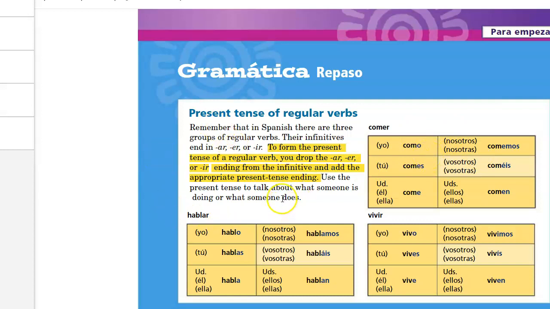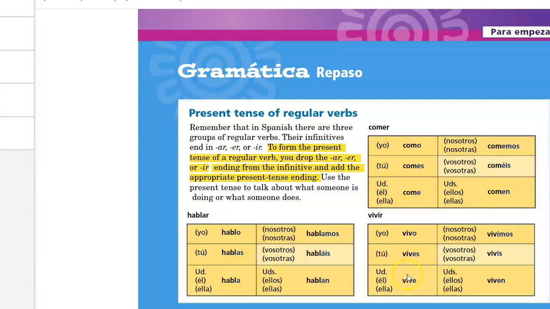You conjugate verbs to form the present tense of regular verbs. We start with the infinitive, right? Like hablar, comer, vivir. Start with the infinitive, you drop the ending, which again is the last 2 letters, AR, ER, or IR, and then you're left with what's called the stem, and you add to that stem your endings for AR verbs, ER verbs, and IR verbs.